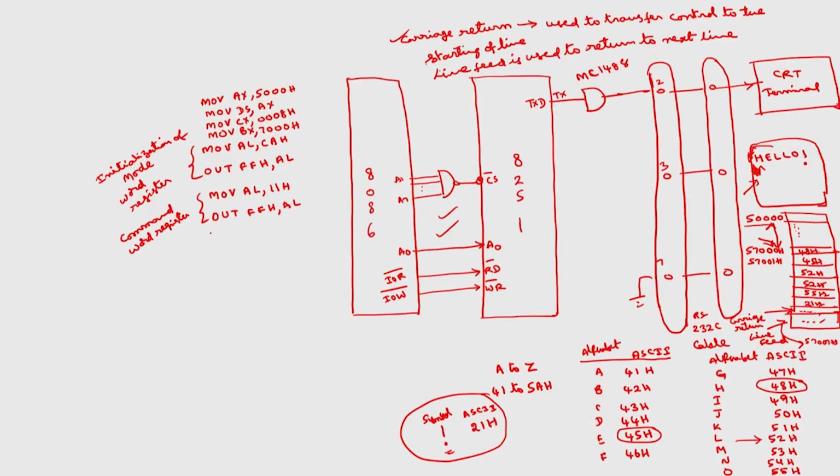So, for that we have to input in, what is the address of the status register? Same, FFH: IN AL comma FFH. So, this will check the status of the status register.